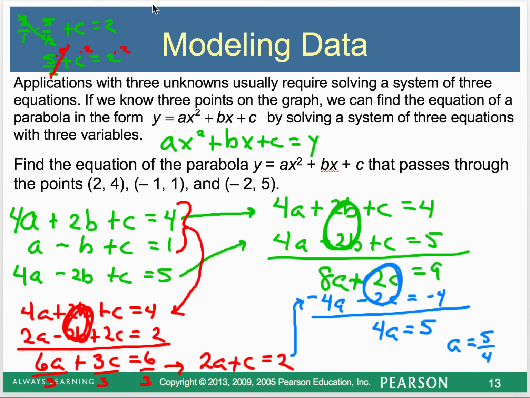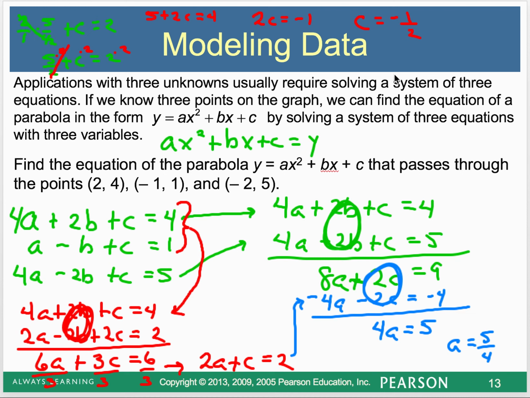A lot of us have trouble with that, so this is an easy way to always think of it. So 5 plus 2c equals 4. So 2c equals -1, so c is -1/2.